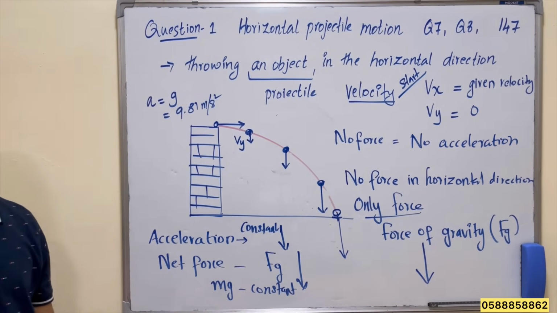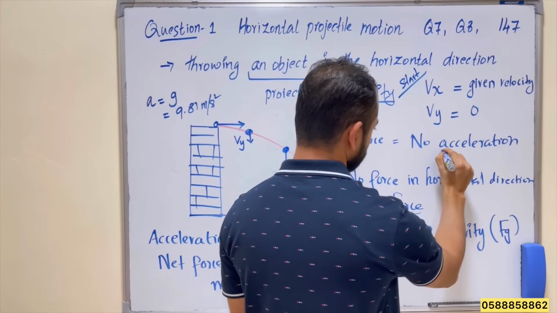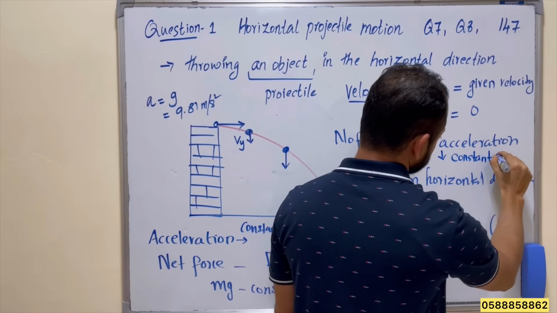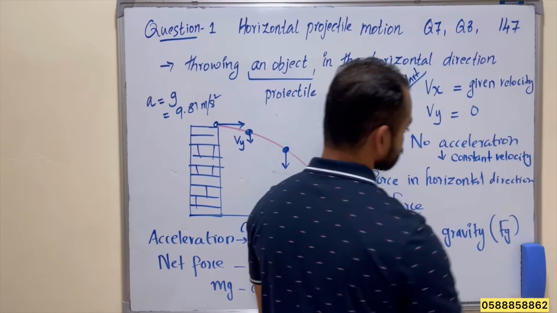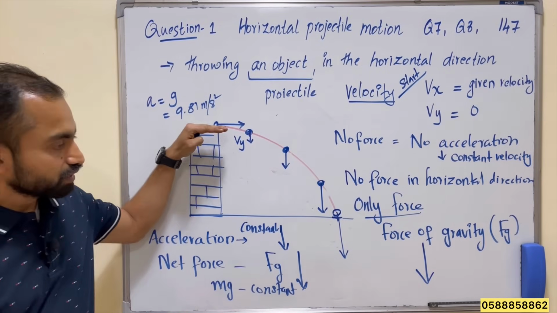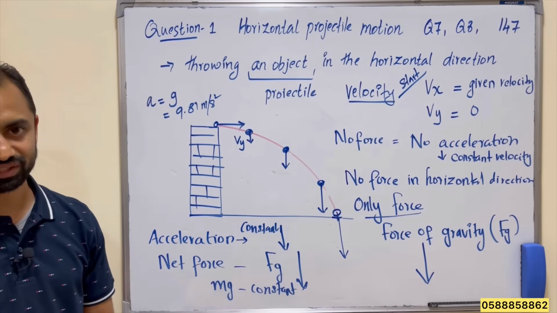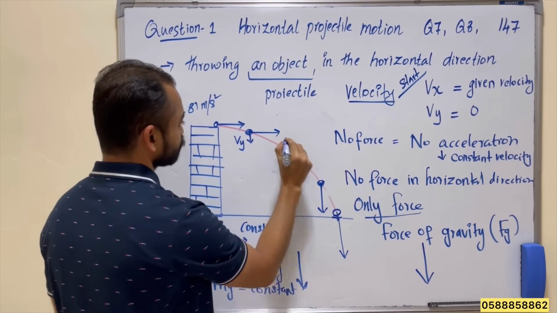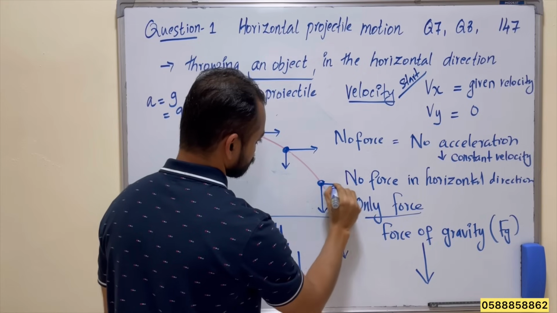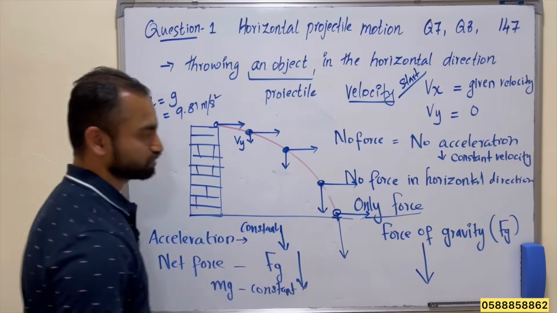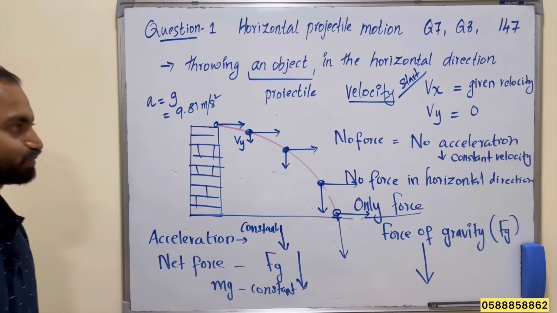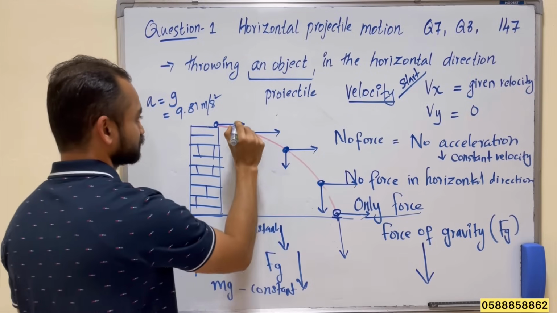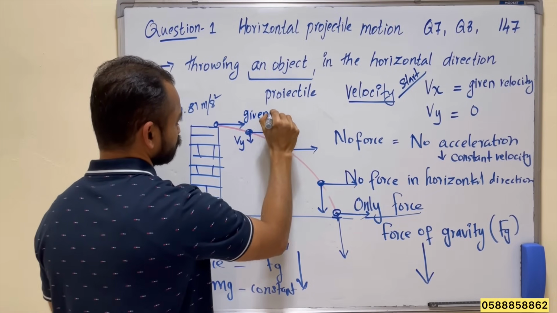What is the meaning of no acceleration? No acceleration means constant velocity. The velocity is not changing. There is no force acting in the horizontal direction, so the velocity along the horizontal direction will be constant throughout the motion, equal to the given velocity, the velocity at which you are throwing the object.